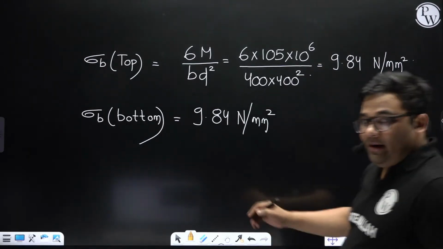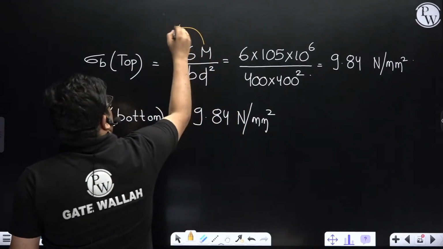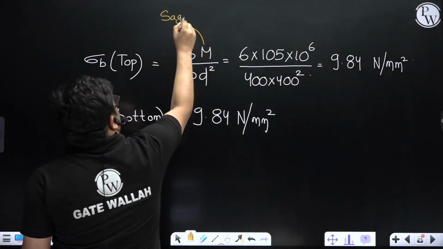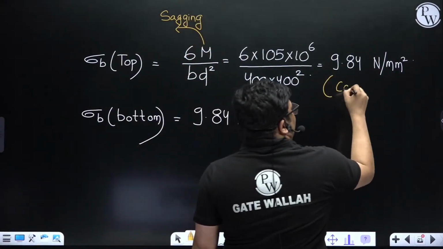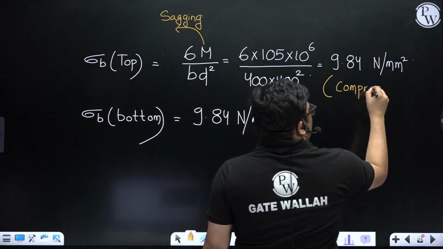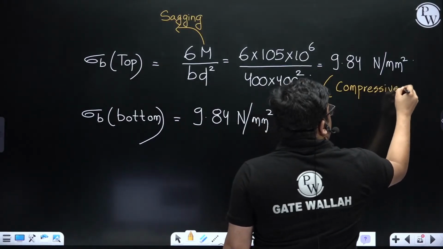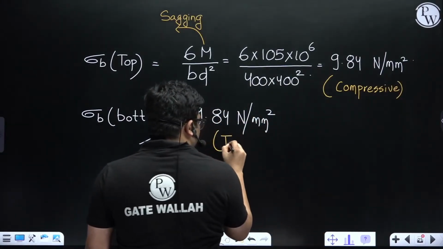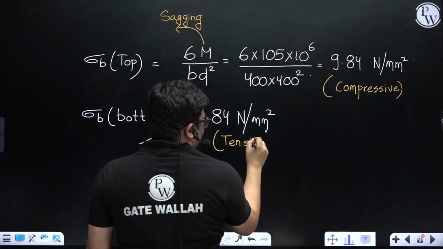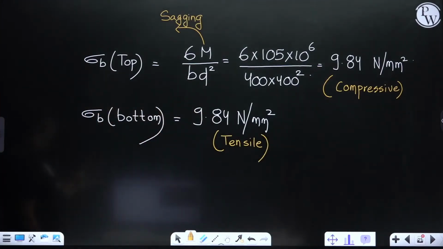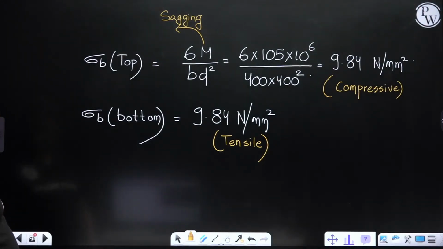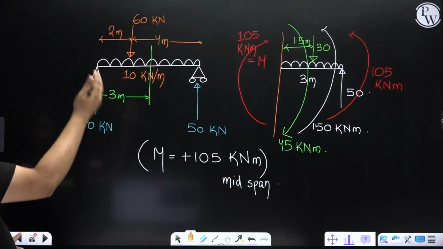It is a sagging moment, or positive bending moment. At top we will get compressive, and at bottom we will get tensile. The value will be the same because it's a rectangle, so y top and y bottom are the same, but we get values of different nature: one compressive, one tensile.